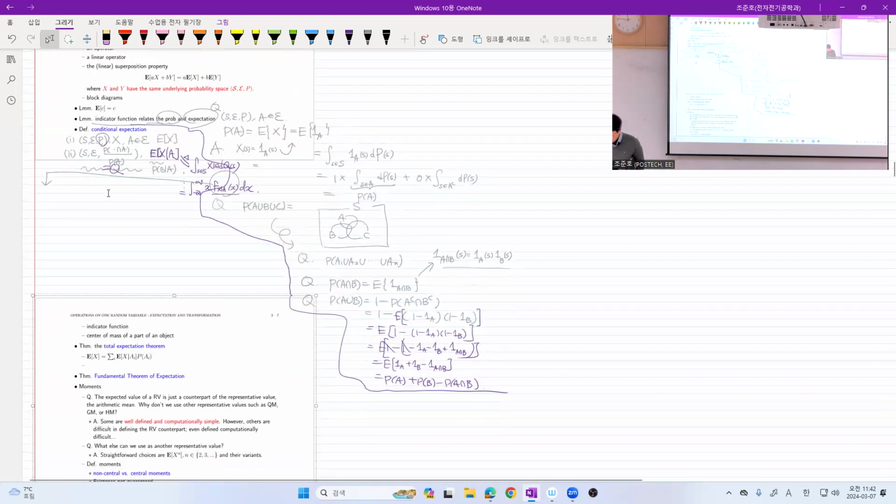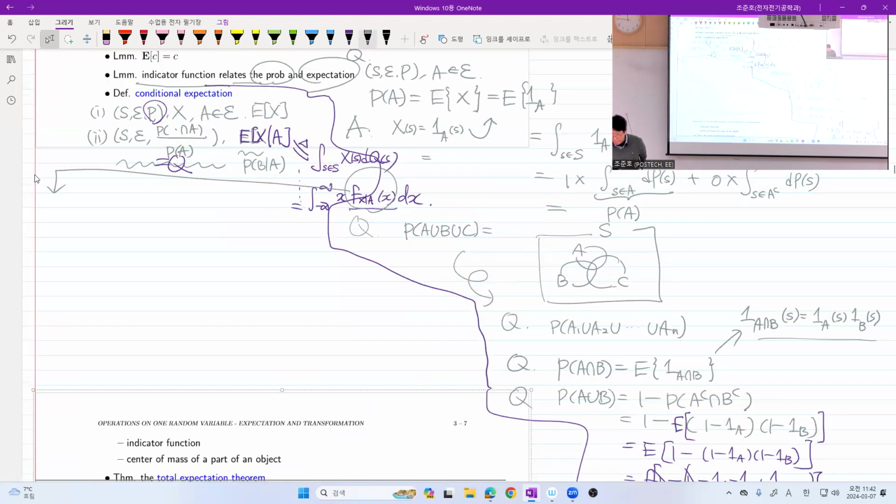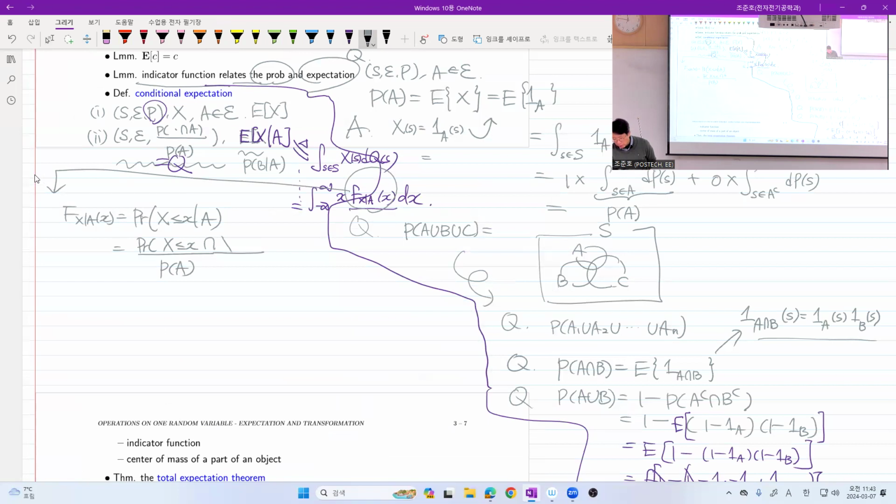Conditional CDF first. So what is this one? Probability of capital X less than or equal to x given A, which is the probability of A and the probability of X less than x and X in A, right?